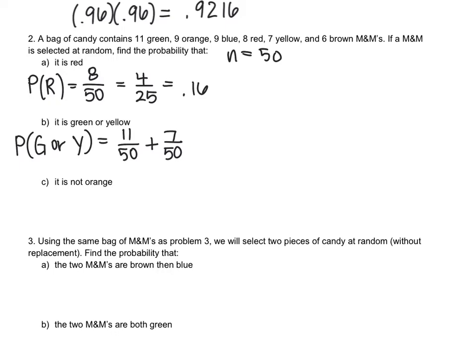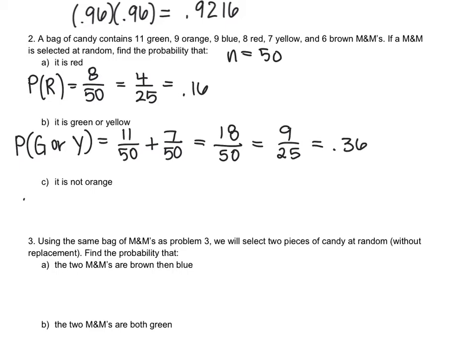I can't pick out an M&M that is both green and yellow. So I don't have to subtract anything, I can just add the probabilities together, and we get 18 over 50. Which again, you can write as a fraction, which is 9 over 25, or you can give me the decimal, which is 0.36.